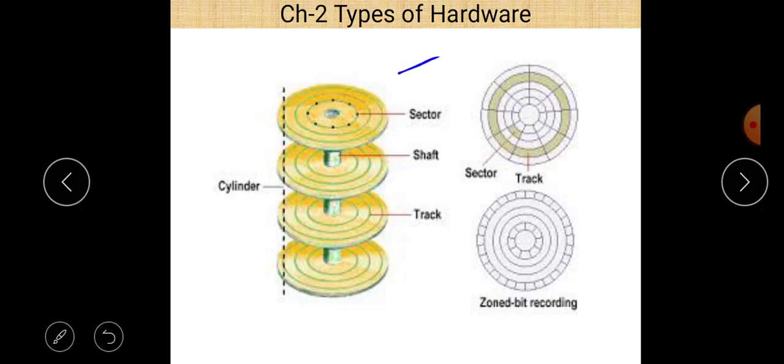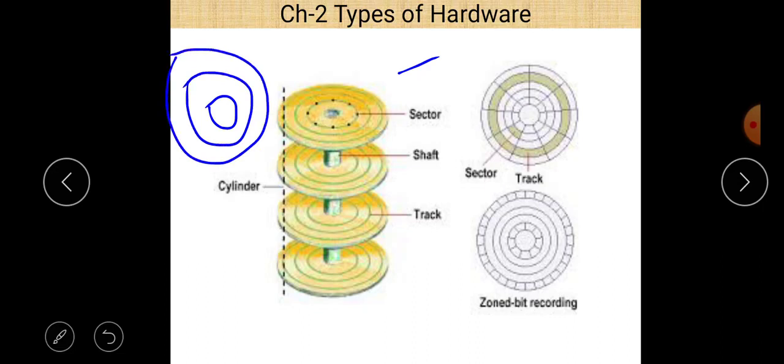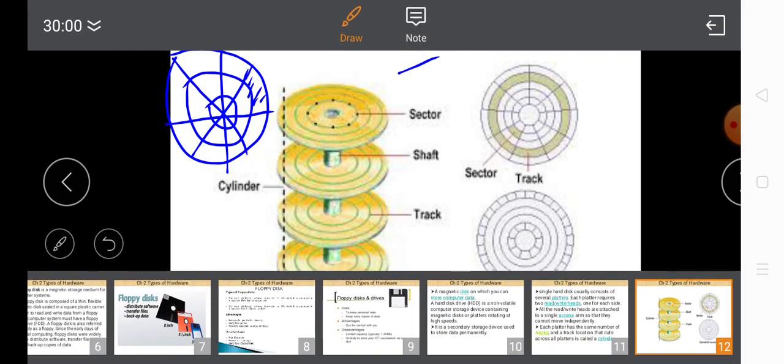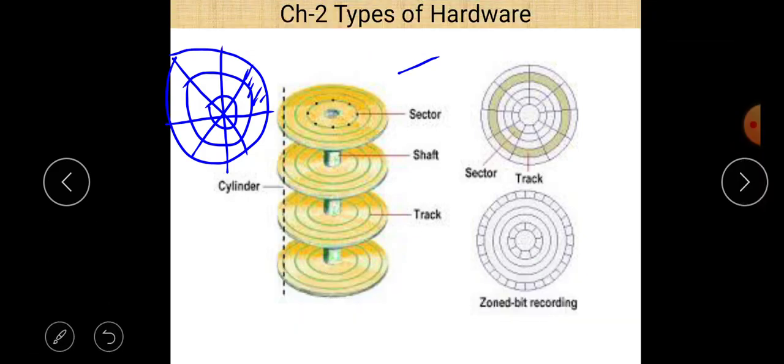When we talk about tracks, they are nothing but concentric circles, just like these. Then tracks are divided into pie-shaped regions, which are the sectors. So this is a diagram which shows the track and the sector.